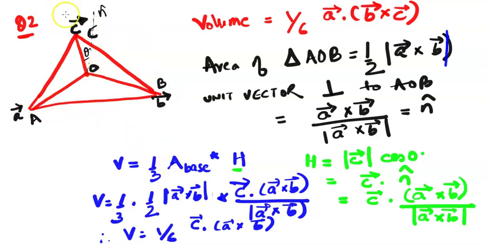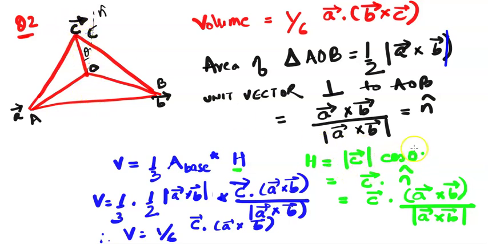Now what is the height? So height would basically be the projection of c vector on n vector, right? So that would be the height from c to this base AOB, which is c cos theta.